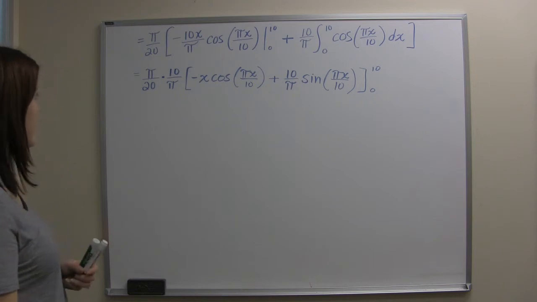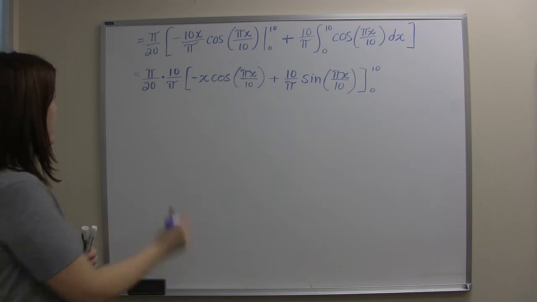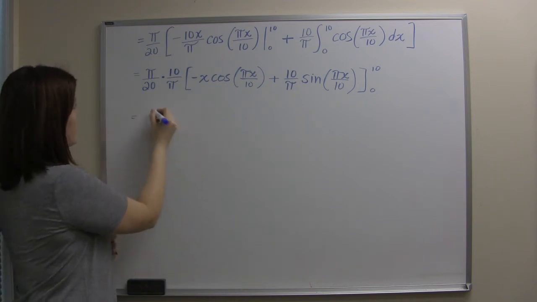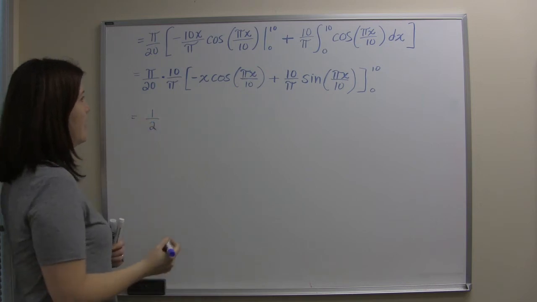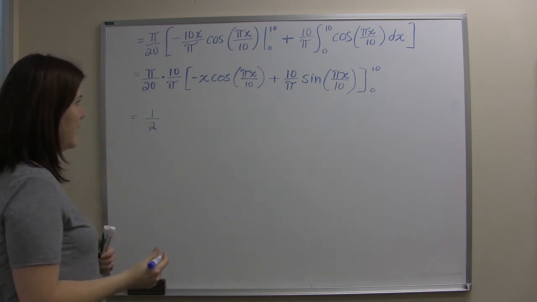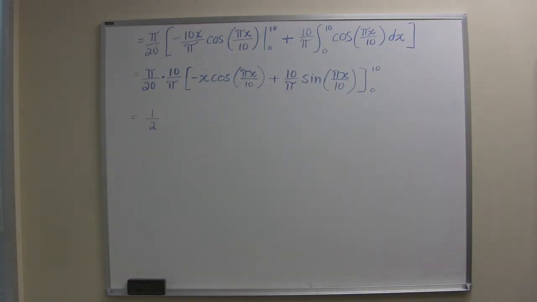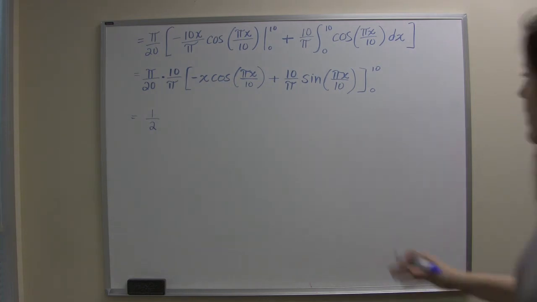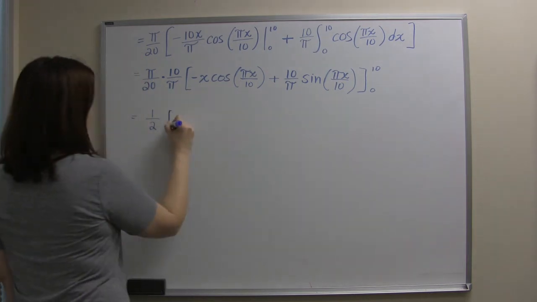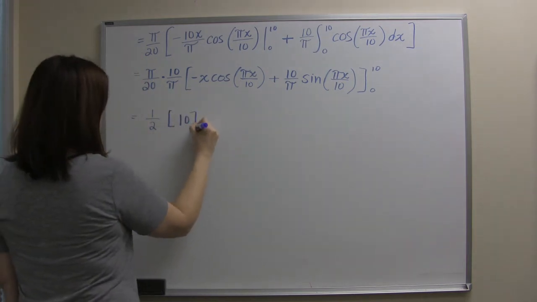Okay, some nice things are happening over here in my constant. I notice that this works out to just be 1/2, and then I'm going to have to plug in 10 and 0. I'm going to let you guys do that for fun, and we'll see what happens when you do that. We end up with, when all this is said and done in here, a 10.